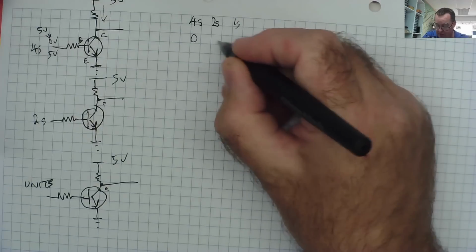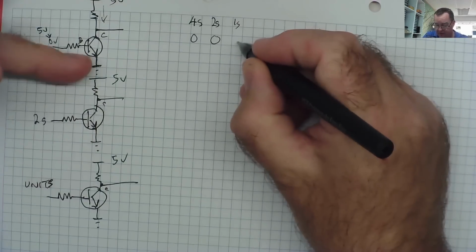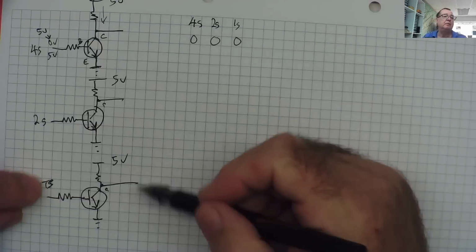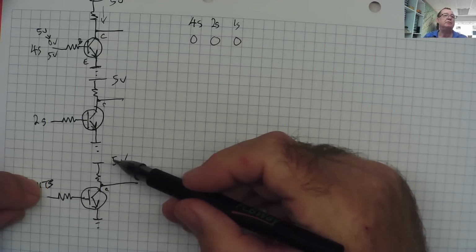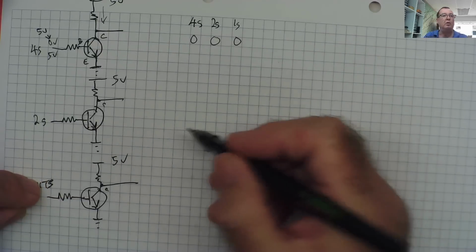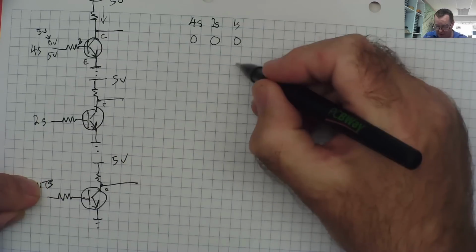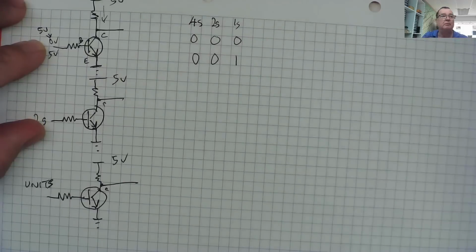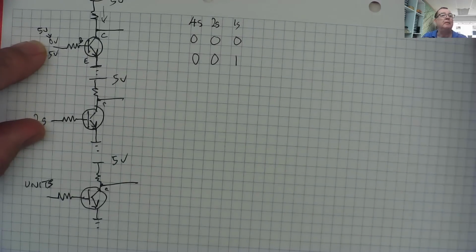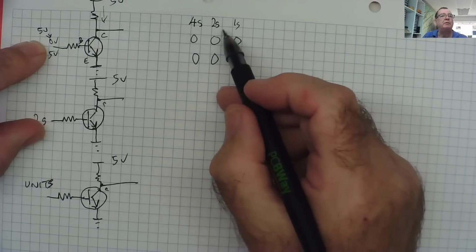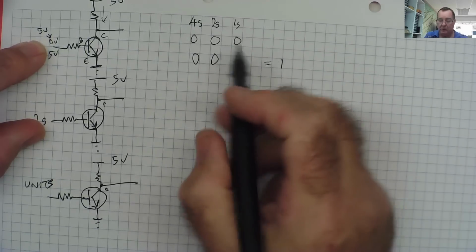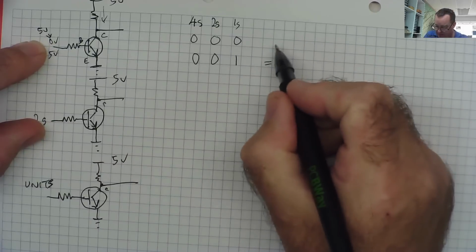We see 0 on this one, 0 on this one, and 0 on this one. All on. Let's say we turn this one off. This now goes to 5 volts. Well, we're going to represent 5 volts with a 1 in binary. So this one, the 1s, now goes to 1. These two are still turned on, so these are both 0. We've got no 4s, we've got no 2s, but we've got a 1. So that, in decimal, equals 1. In the previous case, we've got none of any of them, and decimal equals 0.